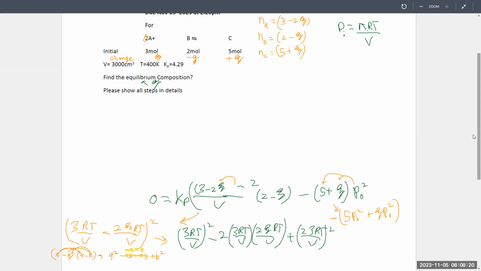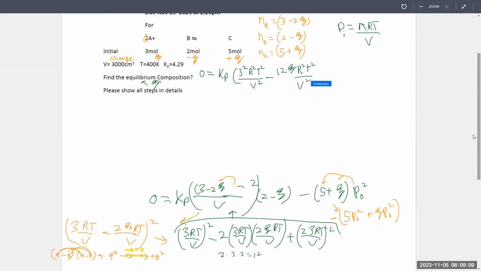So let's rewrite that equation. KP times what is now this part, because this part is what was here. 3 squared R squared T squared over V squared minus 2 times 3 times 2, which is 6 times 2 is 12, so minus 12 E thing R squared T squared over V squared plus this squared, 2 squared is equal to 4, plus 4 E thing squared R squared T squared over V squared.